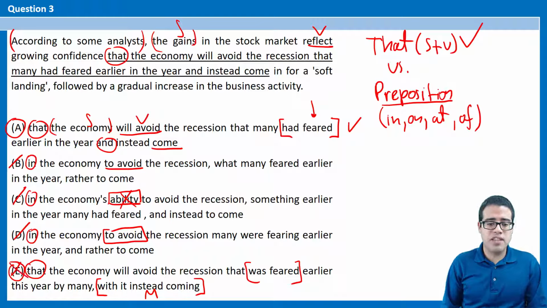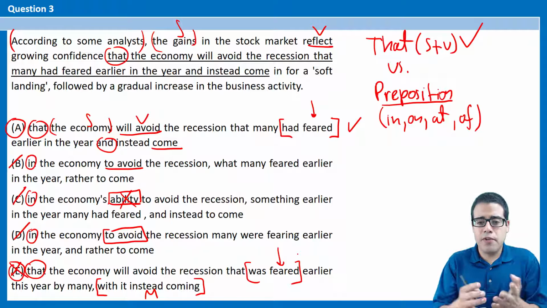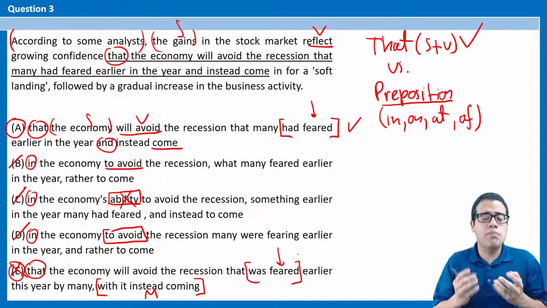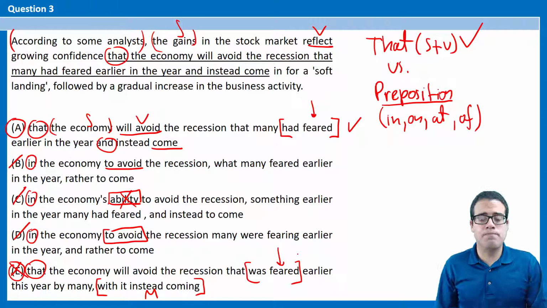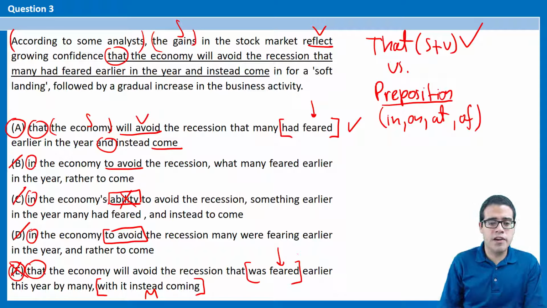E is wrong because of the misplaced modifier and also that passive voice was feared earlier this year by many. So you prefer A. Now what is the meaning of the past perfect there? It says the economy will avoid the recession that many had feared earlier in this year. Well, notice that earlier in this year is what?